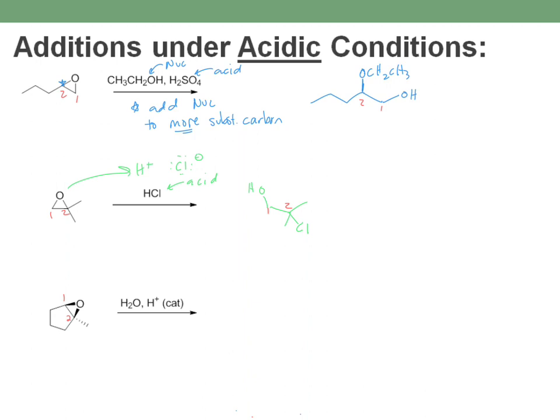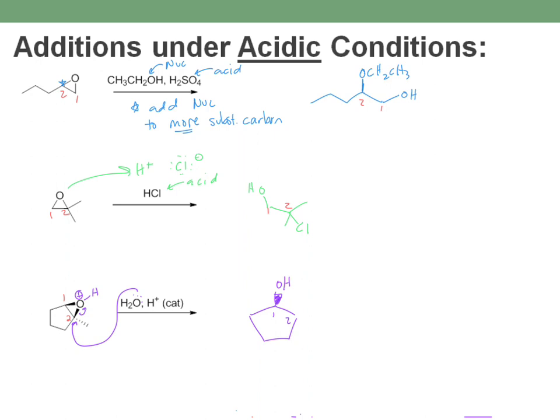So if I go and I draw my product, I've got my cyclopentane. We'll call this carbon 1 and carbon 2. The idea is that this is going to have an H on it, and this oxygen is going to be positive, and my water is going to end up on the more substituted of those two carbons. So when this opens up, my oxygen is going to be on the top face. My OH eventually is going to be on the top face.